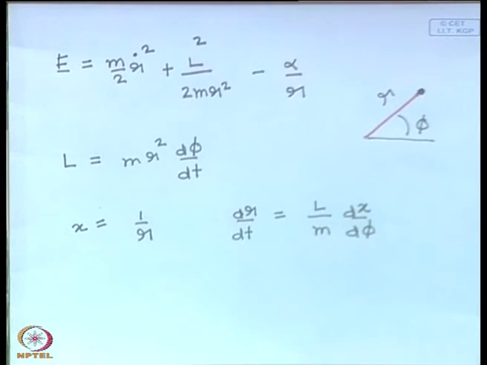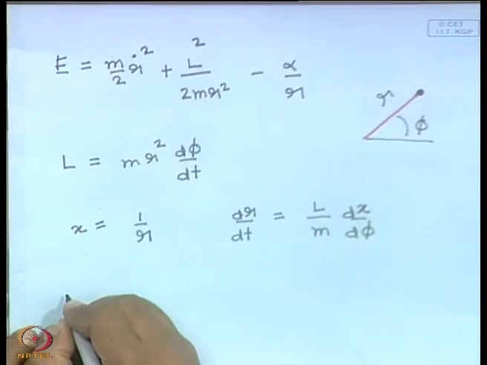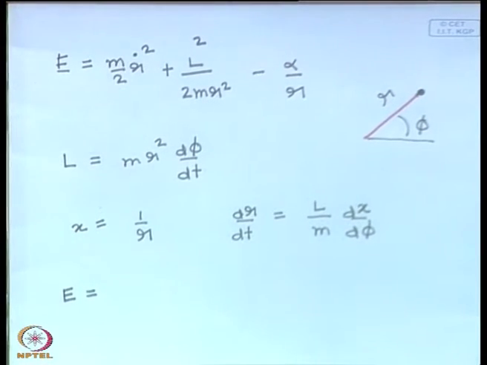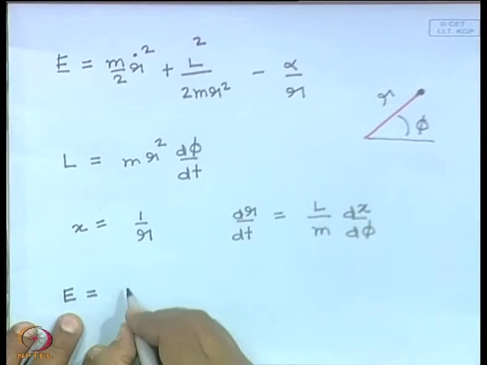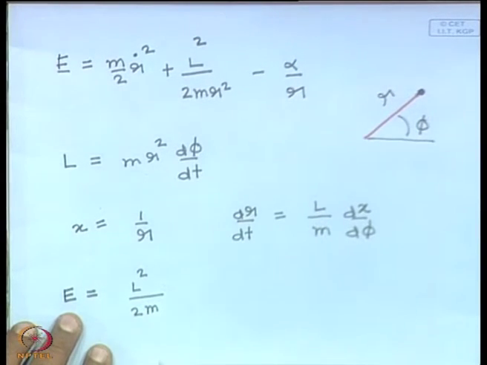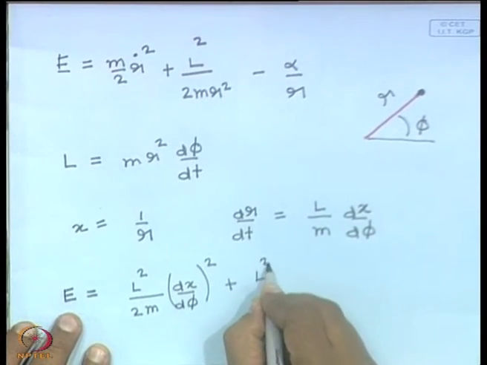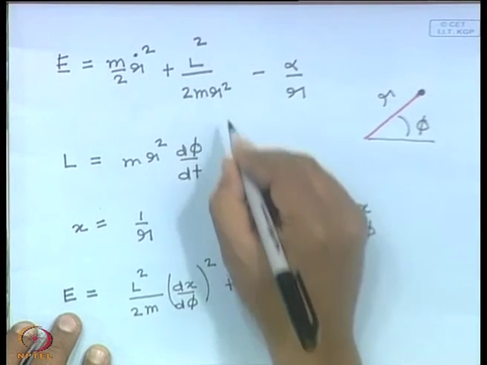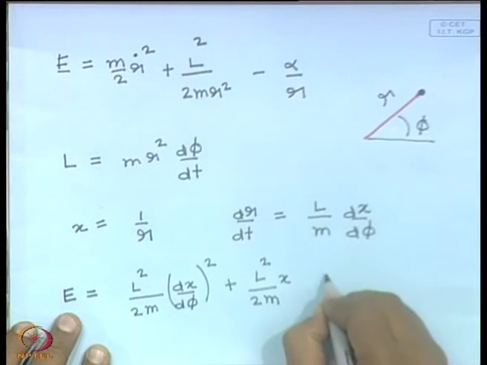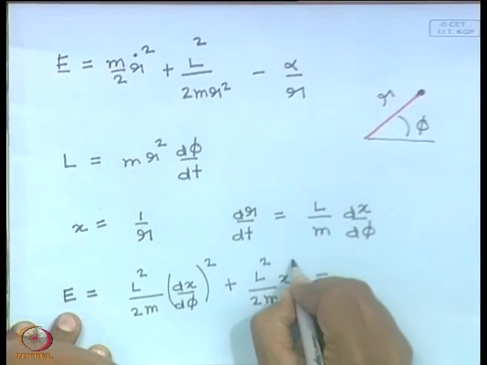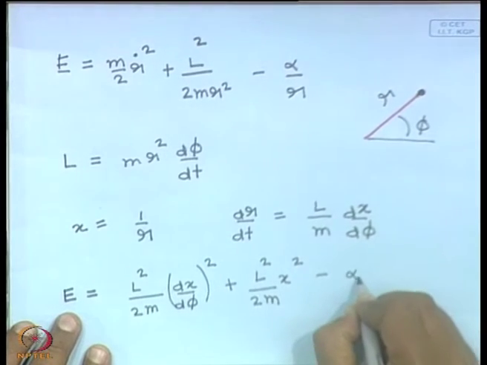If we substitute this here, then the energy E is equal to L square by 2 m into dx d phi whole square plus L square by 2 m into x square, where x is 1 by r, minus alpha into x.